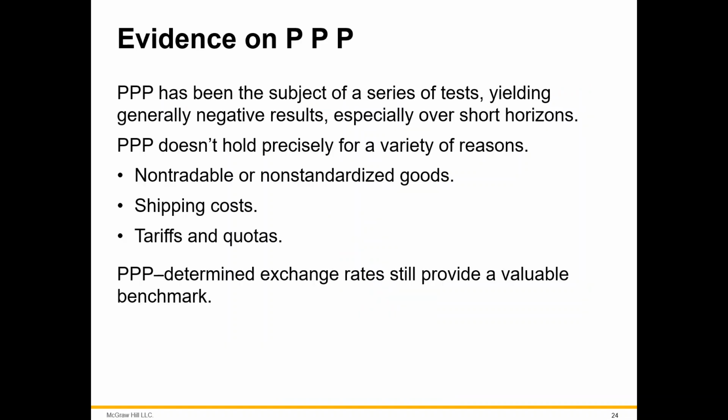So why does this matter? Well, if you're in a country that has high purchasing power, then your overall wealth will feel larger than it actually is on an exchange rate basis.